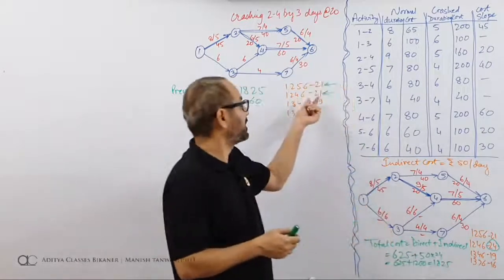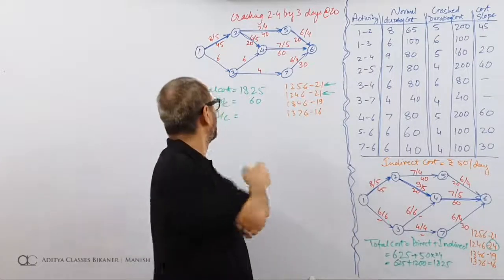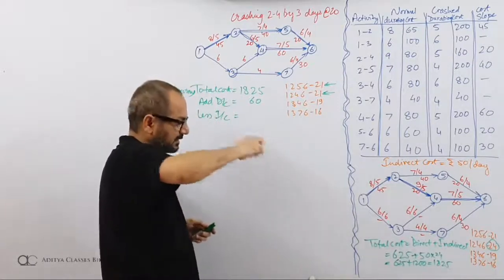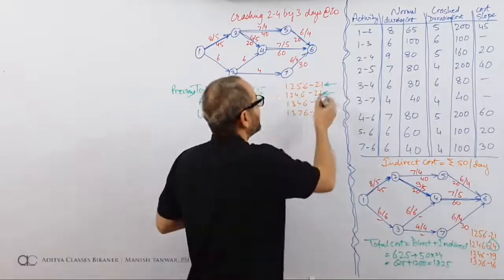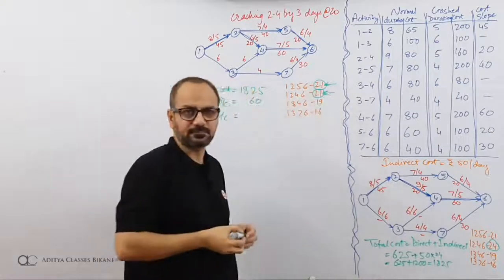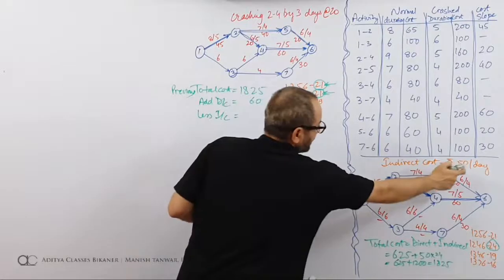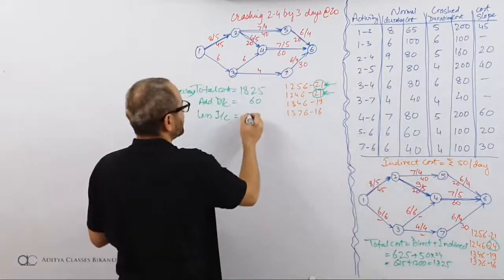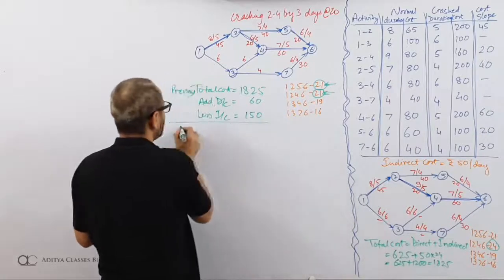But now it should have been 50 rupees for 21 days. So what I'll do is reduce this payment. Earlier it was made for 24 days. Now I will be making it for 21 days only. So 3 days are removed. 3 days at rate of 50. Indirect is at rate of 50. So it becomes 150.